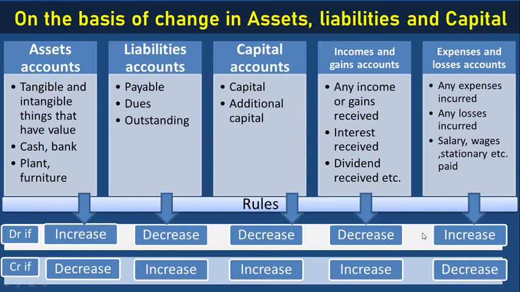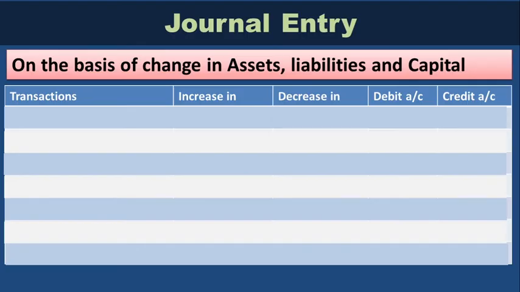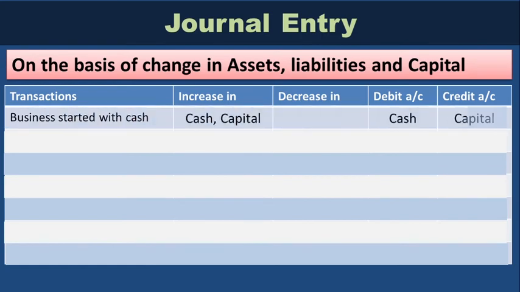It is easier to classify all the transactions into these five categories: assets, liabilities, capital, incomes and gains, and expenses and losses. Furthermore, we will be more clear about the changes in assets, liabilities and capital by the following examples. Business started with cash.